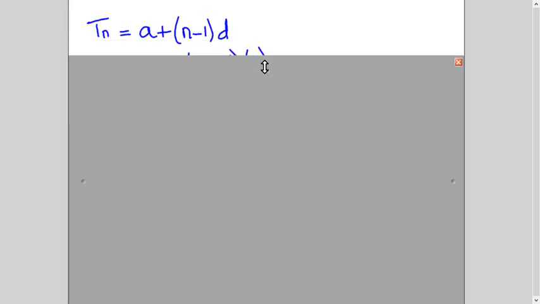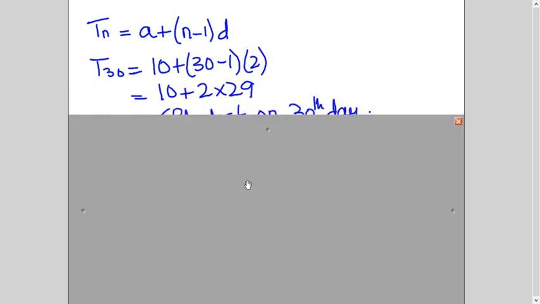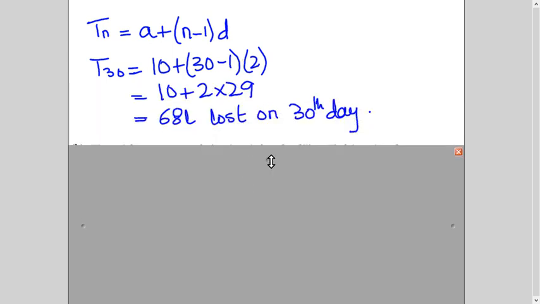So now I will apply the formula for the number of the term I have to find, which is 30th. My n is 30. So now A is 10 because first day 10 liters water is lost and the difference is 2 liters. So I will solve this part and I will know how many liters of water will be lost on the 30th day.